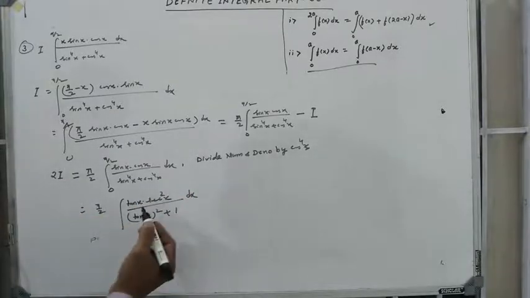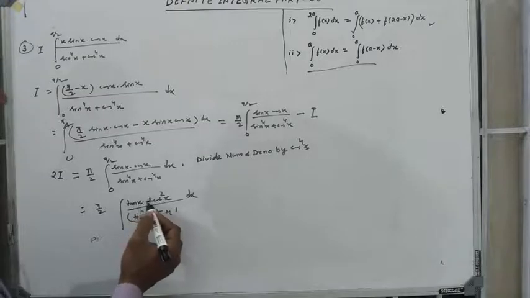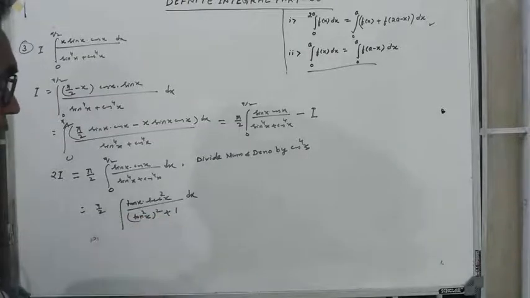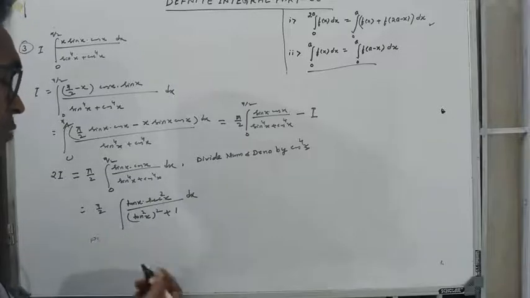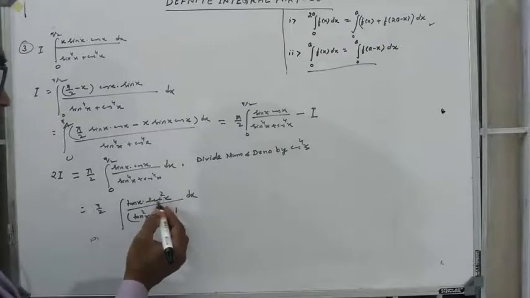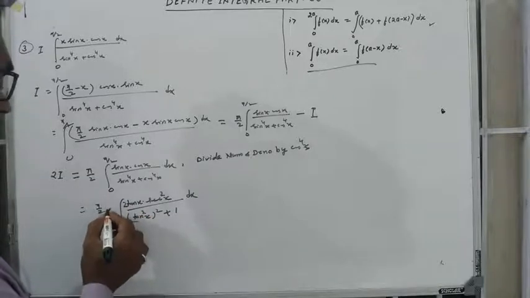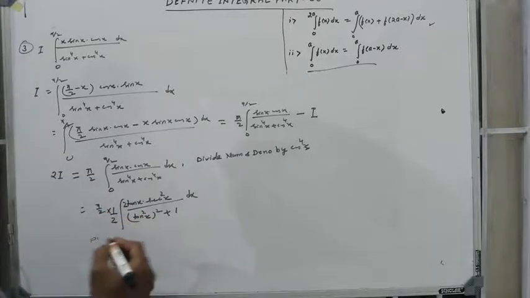If you see its numerator tan x sec square x, the derivative of tan square x is 2 tan x times the derivative of tan x, which is sec square x. So 2 tan x sec square x. So here you multiply by 2 and divide by 2.